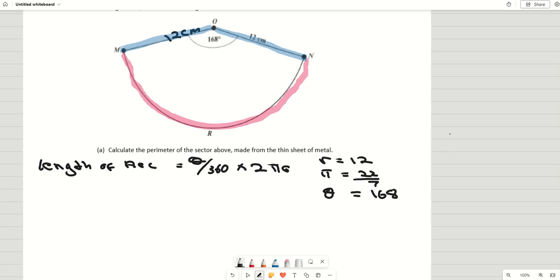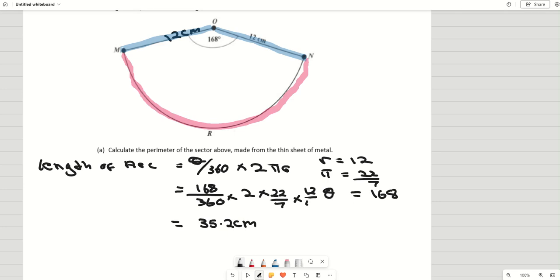So you just put these values in: 168 over 360 multiplied by 2 multiplied by 22/7 multiplied by 12. Putting this in your calculator, you get an answer of 35.2 centimeters. So the length of the pink region that I shaded is 35.2.